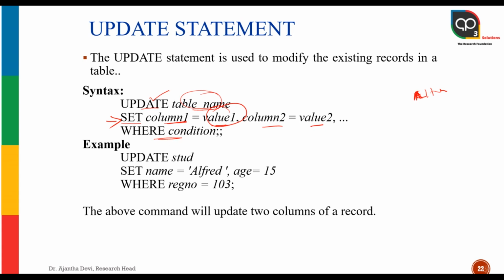Dear friends, if I provide it like this: UPDATE student SET name as Alfred, age equal to 15, WHERE register number is equal to 103. This command updates the name and age only for this exact student, whose register number is 103.